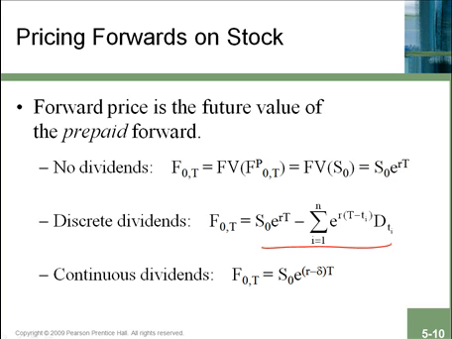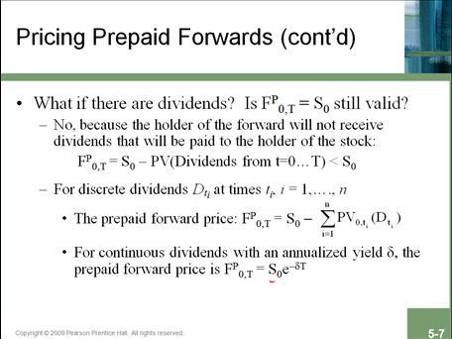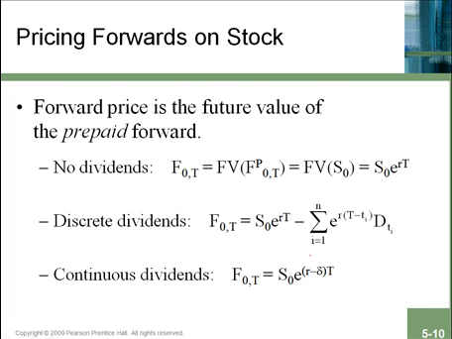And then if we had continuous dividends, which for a lot of our mathematical modeling in this course, that's what we're going to assume, then we would just take the prepaid forward pricing formula, remember S0 times e to the minus delta t, and we would multiply it by e to the RT, and the result would be S0 times e to the (R minus delta) t. Now remember that's a very important formula that we're going to come back to quite a bit in this course.